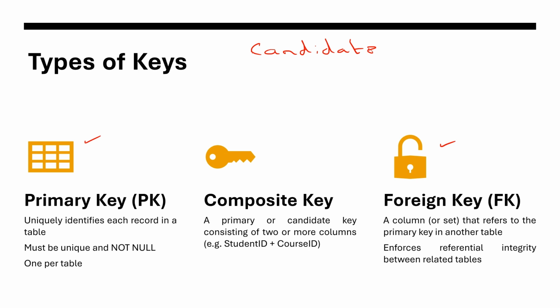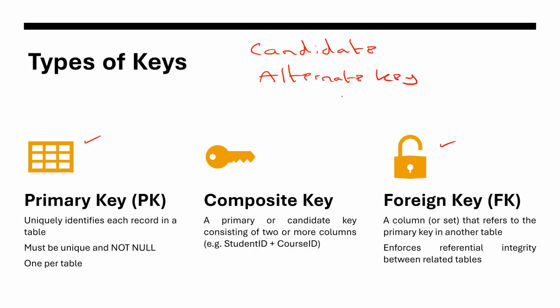But I'm not going to discuss that formally here. I'm just mentioning it for your knowledge. And then there is something else that we call the alternate key. That's also another type of key that exists. The alternate key is a candidate key that wasn't chosen as a primary key, normally.